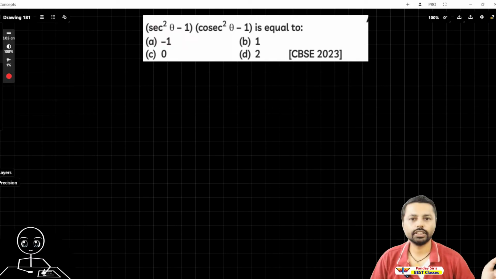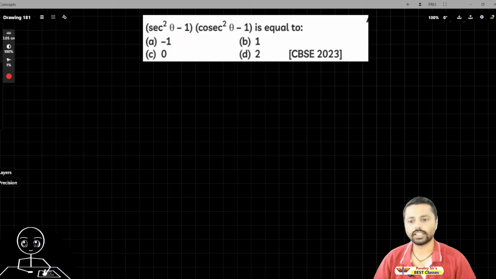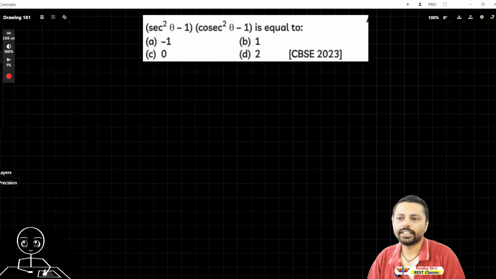In this question, you have to find the value of sec squared theta minus 1 and cosec squared theta minus 1. It's just an identity based question.